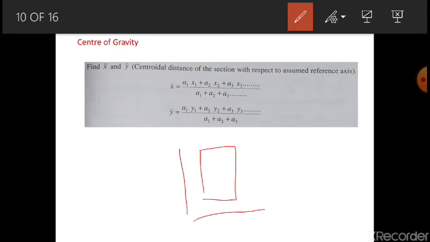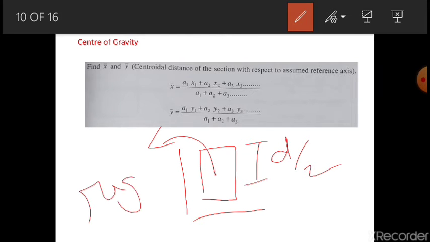Here in this case it is only one object, so it is very easy, it is a rectangle, so d by 2, right? Because it is a regular shape, we know the formulas as I have told in the first slide. Because it is a one shape object, it is very easy to find out.